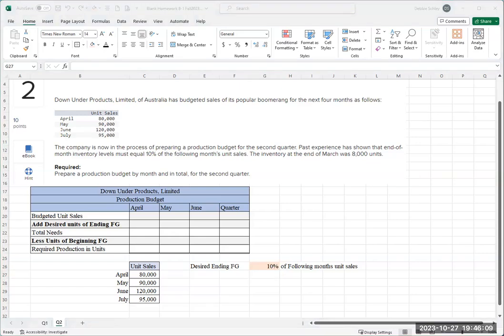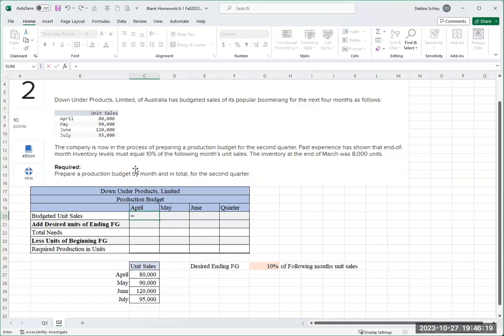Okay, so the first thing we know is that they gave us the budgeted unit sales for each month. So April, and that's this information here. They gave me 80,000 as the budgeted unit sales. May, 90,000. June, 120,000.